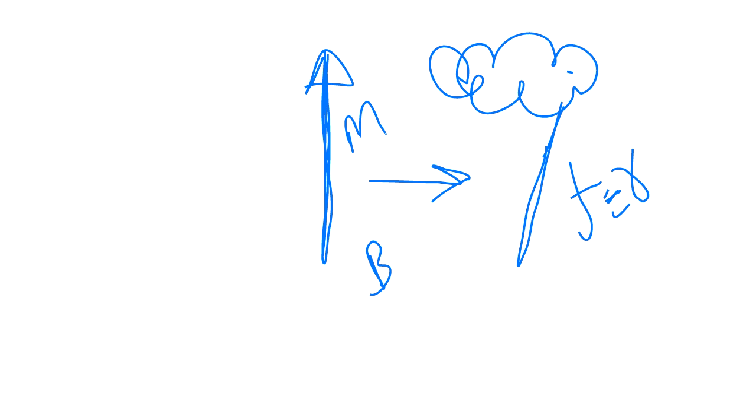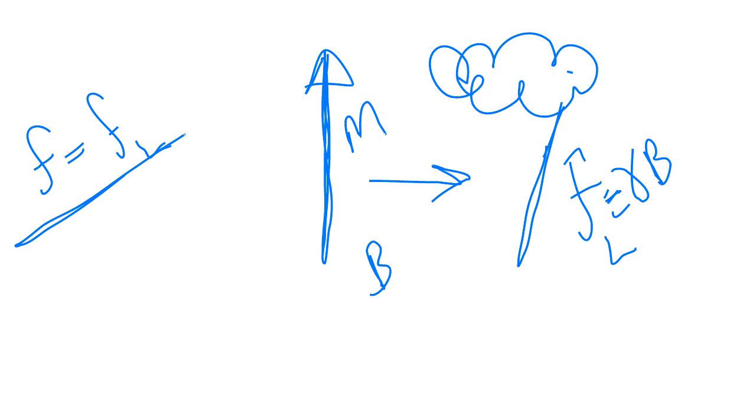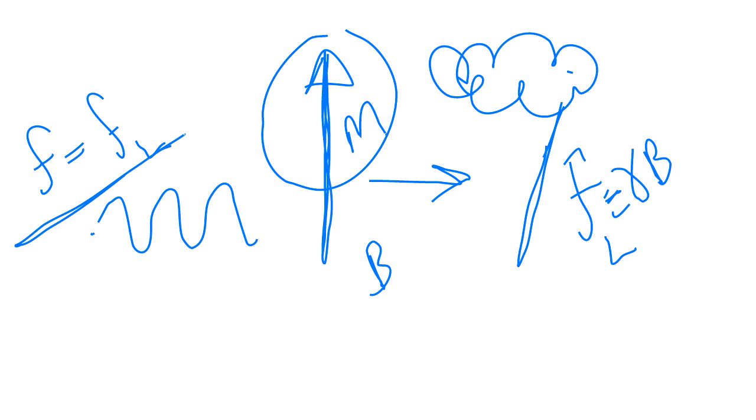After I find this, I apply my radio frequency, which is set to the same value. As soon as I turn it on, because the frequency is the same, this net magnetization will gain energy and will start to go to the excited, or higher energy, state.